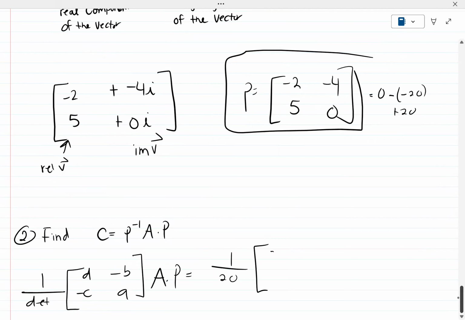Then you flip these: this is going to be 0, this is going to be negative 2, and then you make the 5 and the negative 4 negative, so this is going to be negative 5 and this is going to be positive 4.